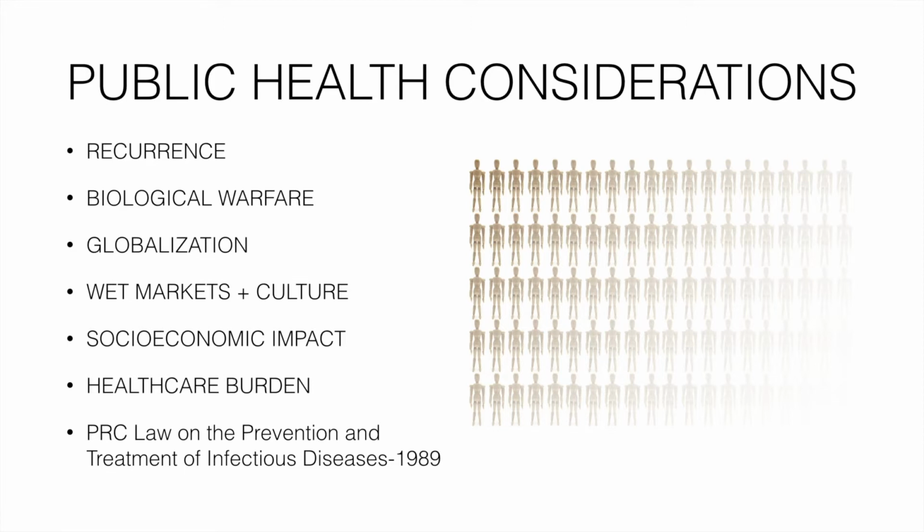Then, of course, healthcare burden. That one goes without saying. People who are sick, they fill up the hospital beds. If your healthcare system cannot support the number of people getting sick, whether or not they end up succumbing to the illness, they still wind up sick before they succumb, and they end up in hospital beds.